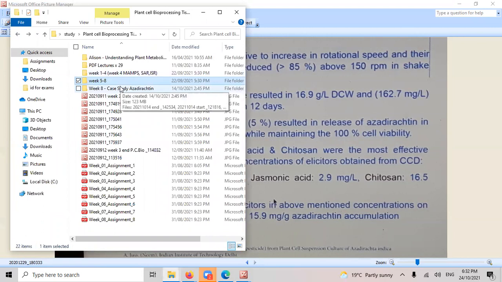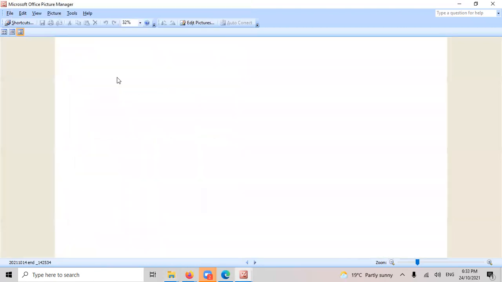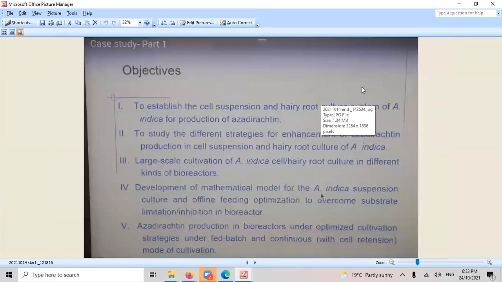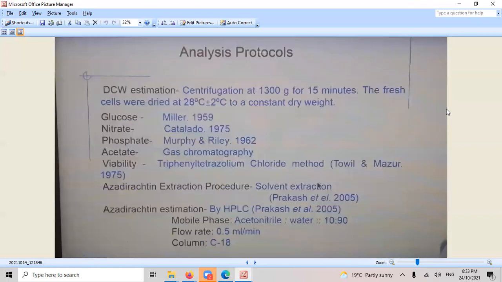Show you a case study. There are some assignments. Objectives. This is a case study: azadirachtin, the main constituent in neem seed, a secondary metabolite extracted from plant tissue cell culture of neem.